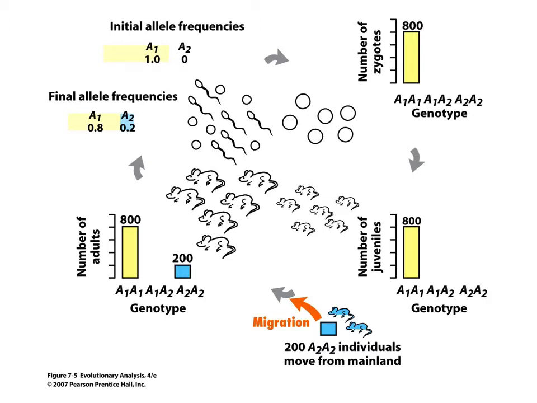Your new allele frequency now is 0.8 A1 and 0.2 A2. So pretty straightforward, right? Big migration is going to change your island population, and that is going to take you away from the Hardy-Weinberg equilibrium. So migration can affect the Hardy-Weinberg equilibrium and take you out of the Hardy-Weinberg equilibrium.